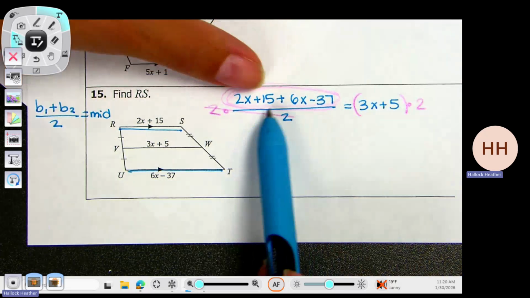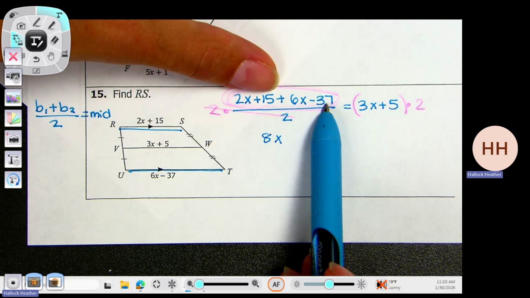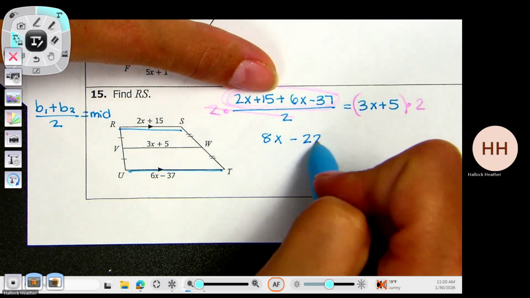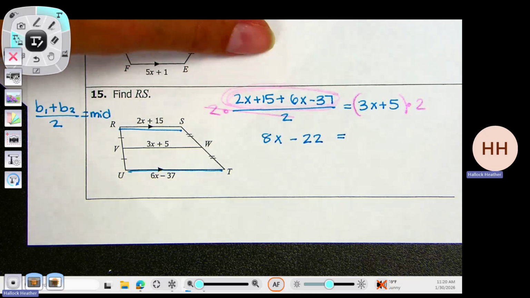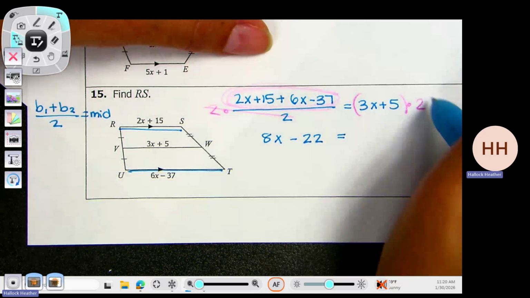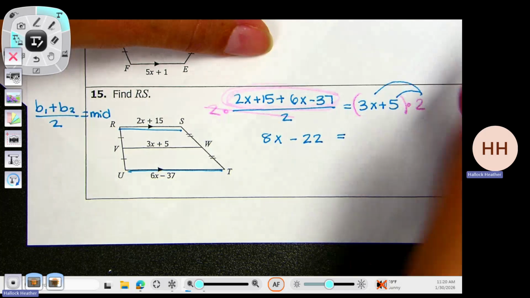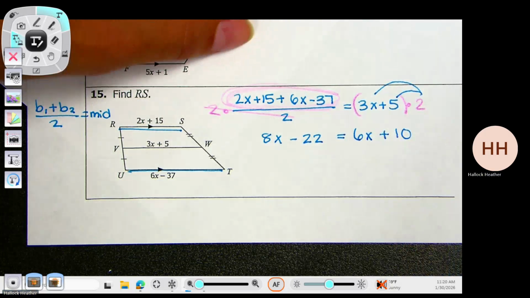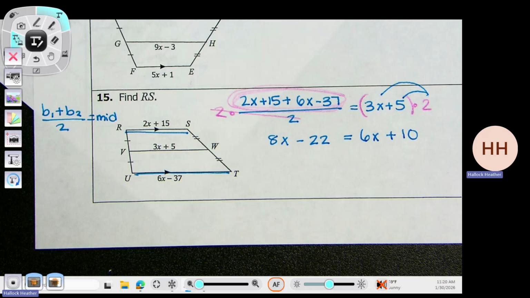When I combine 15 and negative 37, negative 22. On the other side, I don't have 3x plus 5 anymore, I have to distribute. So what do I have? 6x. And then it's a normal problem. The theorem states that you add the bases together and divide by 2, so you're always getting rid of the divide by 2 because you're multiplying the mid-segment by 2.